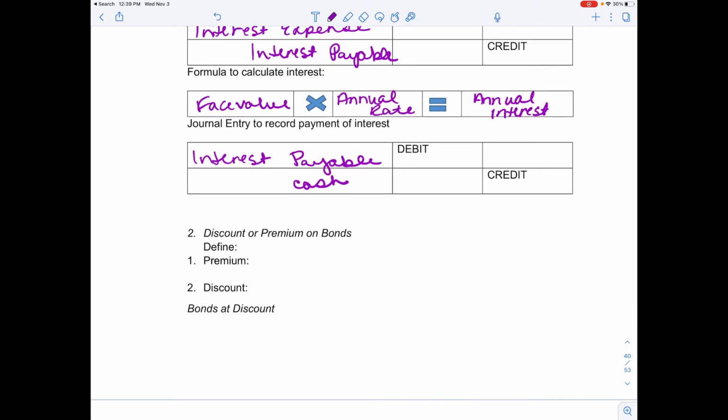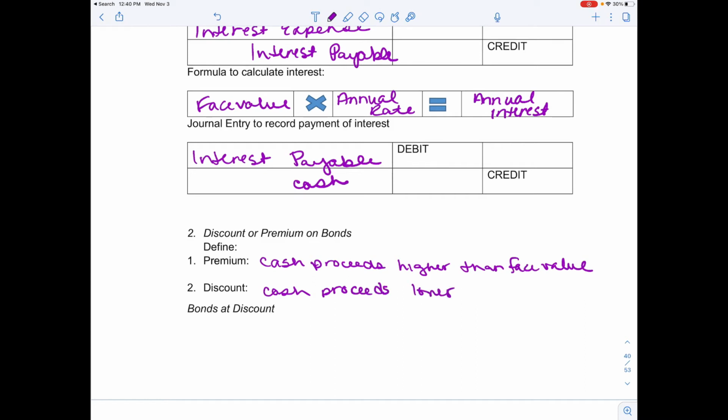Now we have to understand the difference between a premium and a discount on a bond. A premium bond is where the cash proceeds, the amount that they're getting for the bond, is higher than face value. Whereas with a discount, your cash proceeds, the amount they're getting for the bond, is lower than face value.